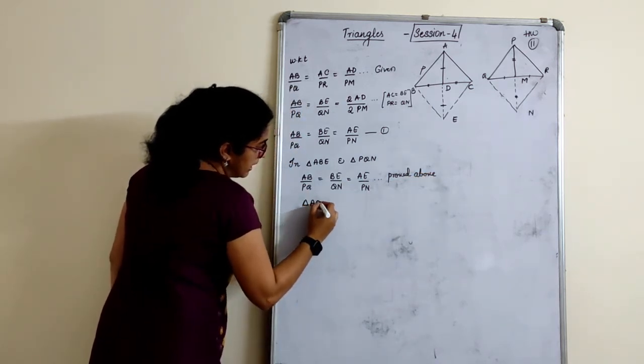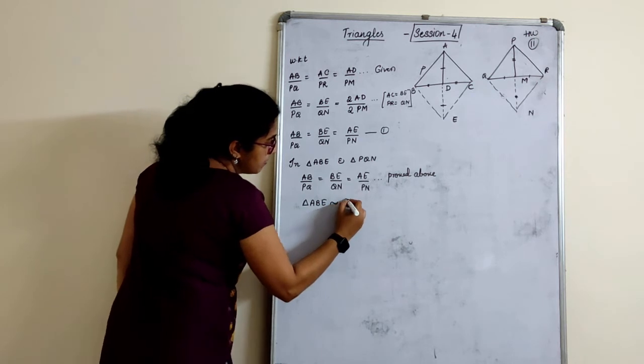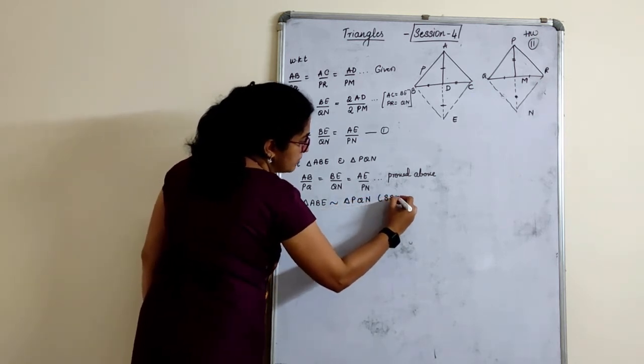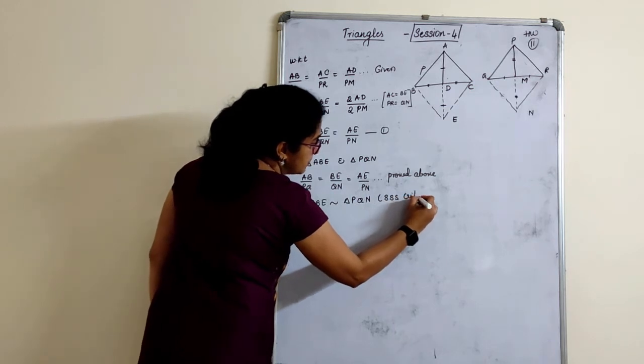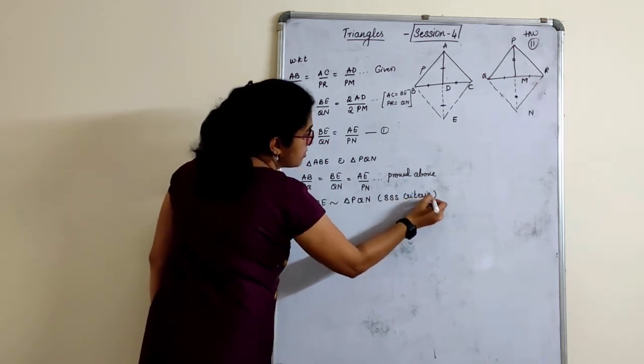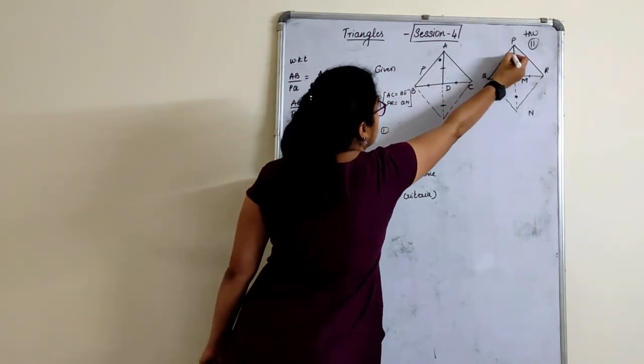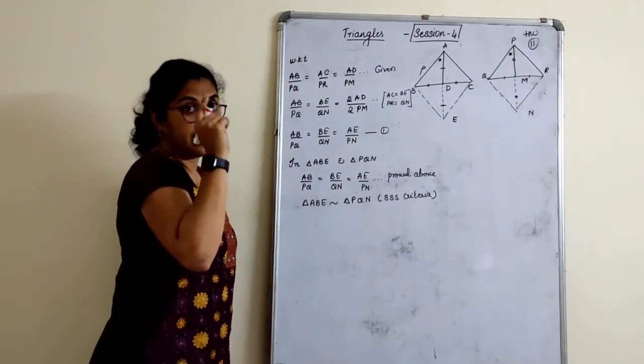Therefore, triangle ABE is similar to triangle PQN by SSS criteria. From this SSS criteria, can I tell that this angle is equal to this angle? I'll choose that angle.